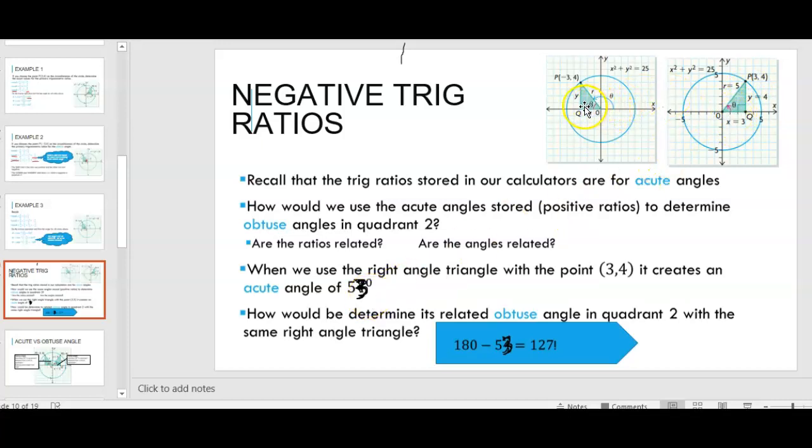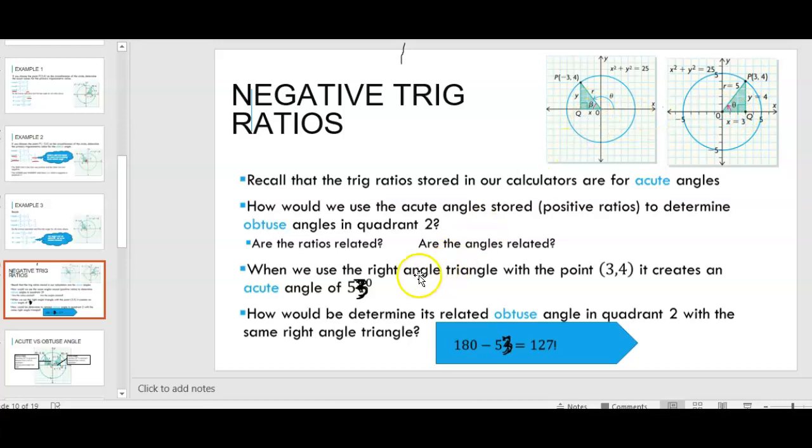Now, for the angle theta, let's look at this a little bit more up close. Angle theta and angle beta here are equal, it is the same angle. So that means that angle theta on the first circle here is 180 minus 53, because these two angles are equal to each other.